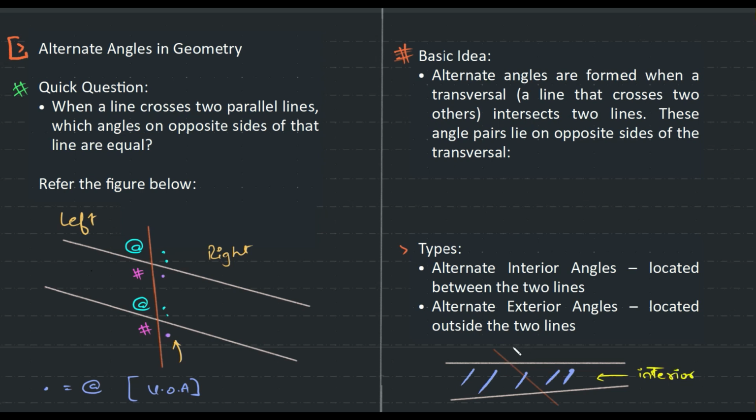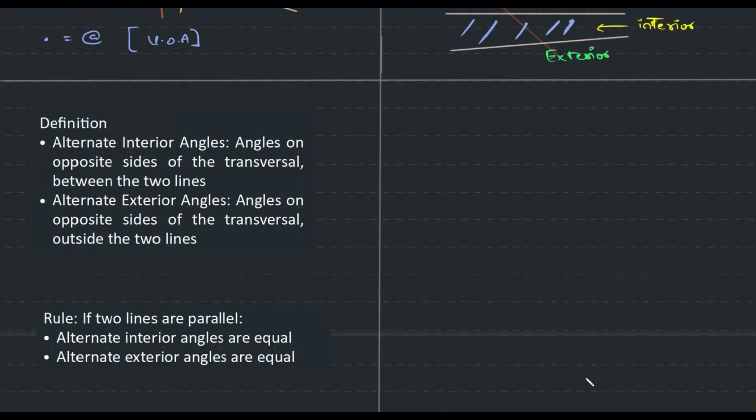The space that is outside is your exterior. It can be at the top and the bottom. Both are your exterior. So, interior and exterior.